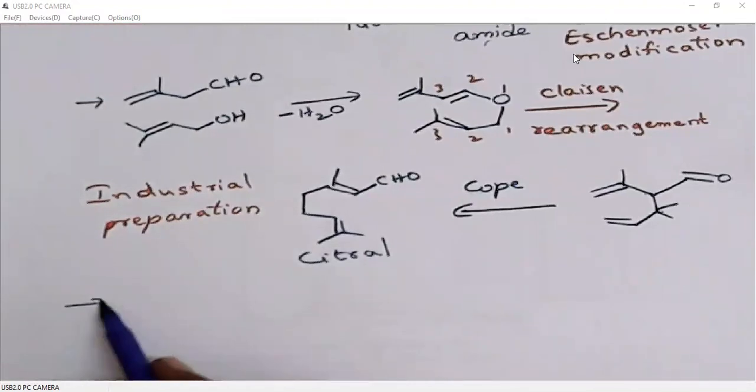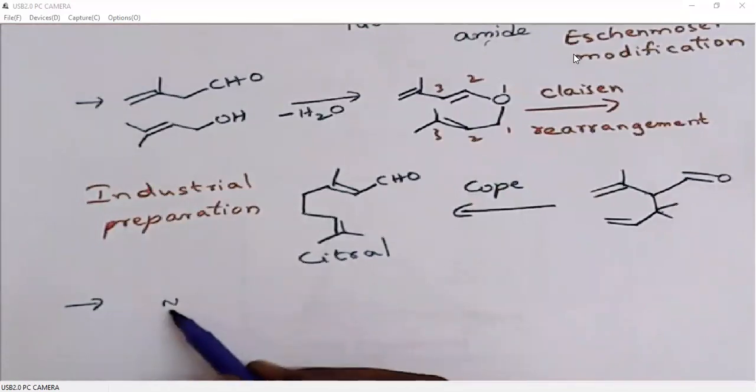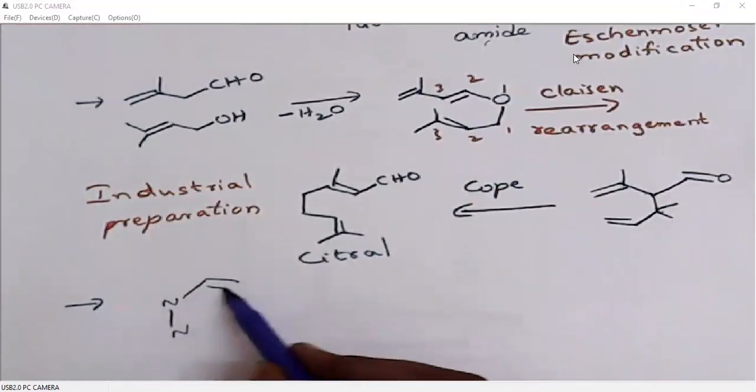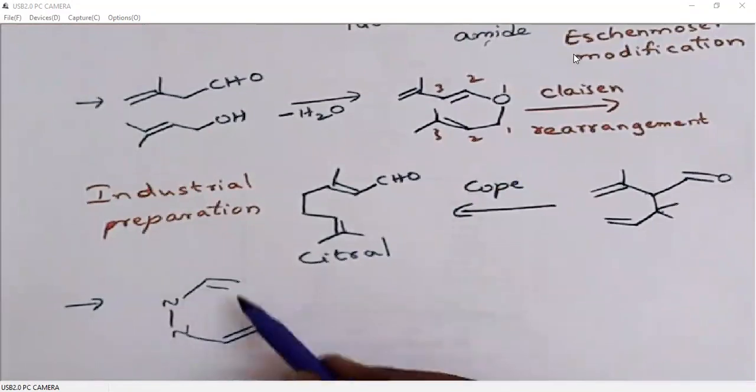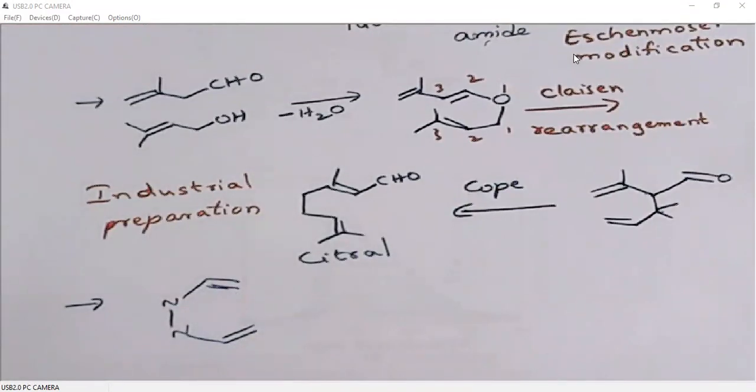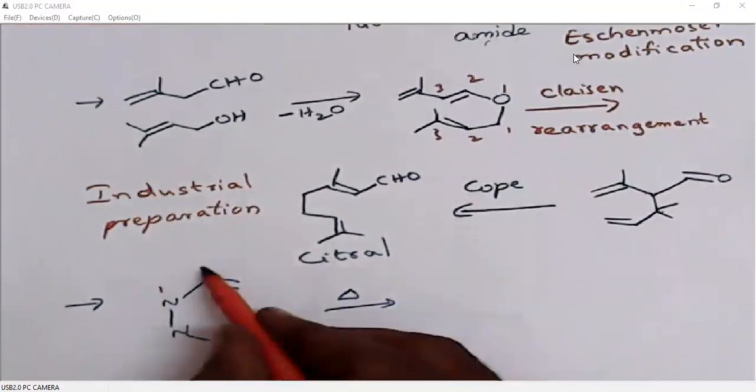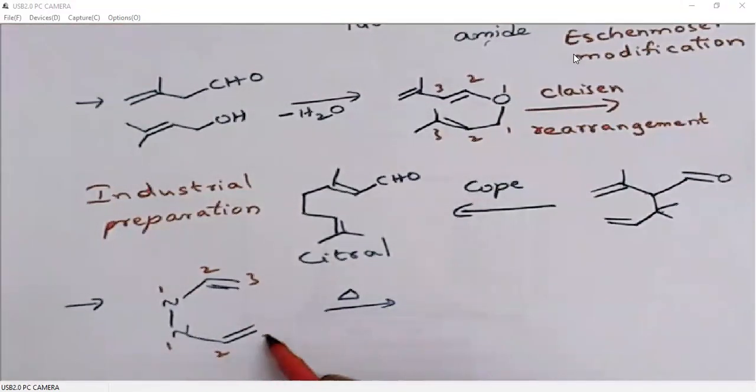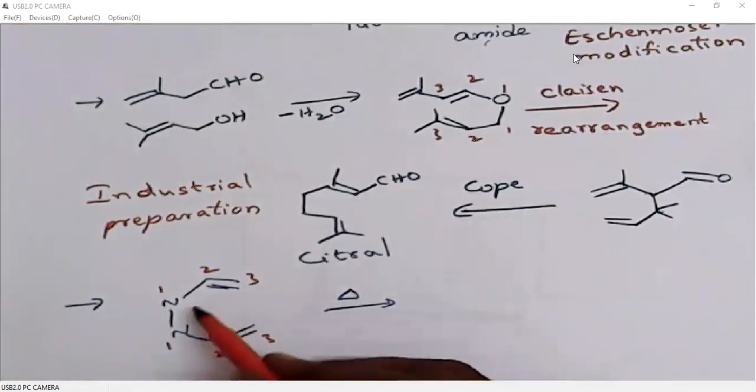Not only carbon-carbon 3,3 sigmatropic rearrangement, we can also have 3,3 sigmatropic rearrangements on the hydrazine, or vinyl substituted hydrazine. When it is heated, it undergoes 3,3 rearrangement.